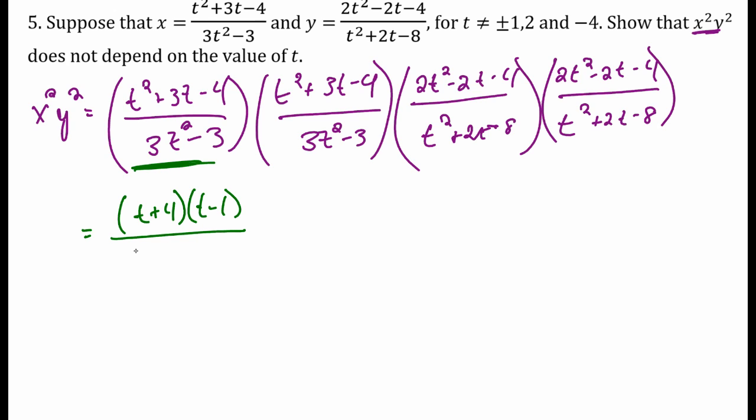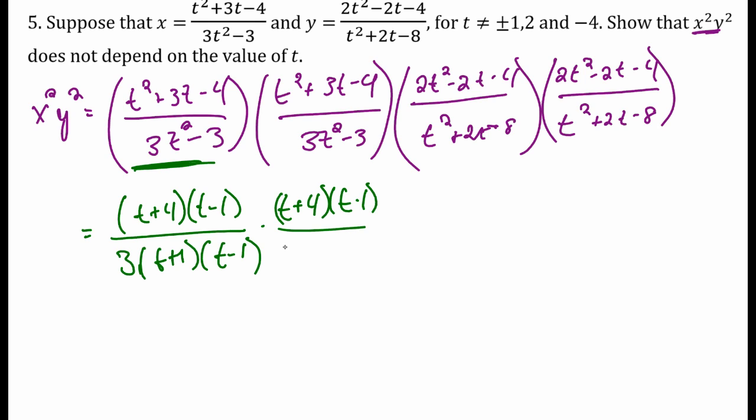Divided by 3 is my GCF, t squared minus 1. And hopefully you look at that and say, wait a minute, that's the difference of perfect squares. t squared minus 1 is t plus 1, t minus 1. And because this is x again, it has the same factors, both the numerator and denominator.